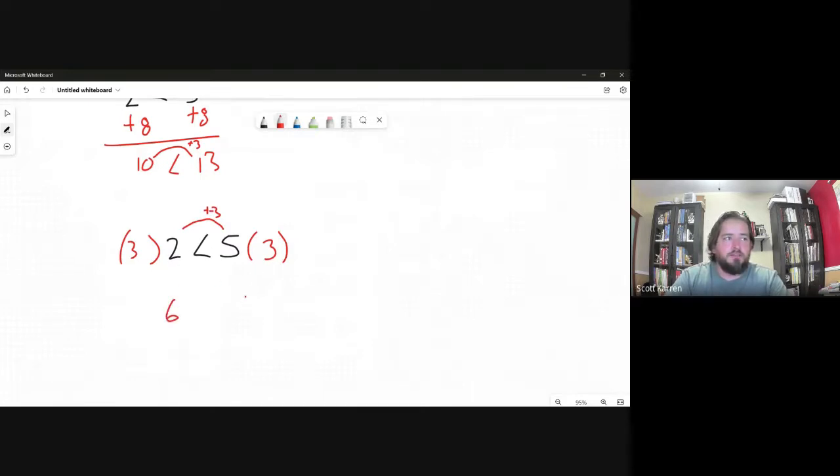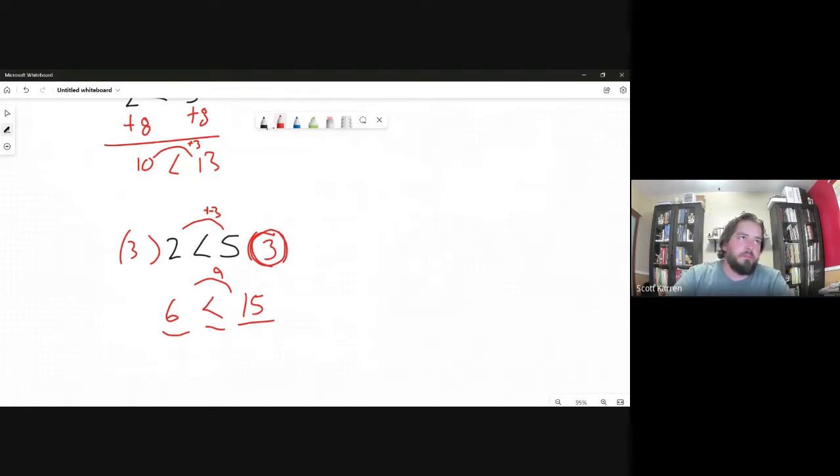On the right-hand side, 5 times 3 is 15. I've changed how much different these are, and that might pose a problem to us. The difference between 6 and 15 is now 9. In fact, it's different by a factor of 3, not surprising. It's still true, though. 6 is still less than 15, right? And so it seems like we're okay.